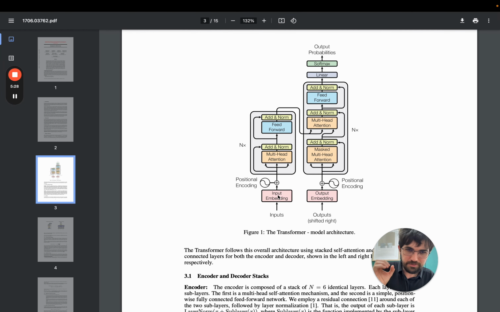For example, from this input embedding, after we pass through these layers, we have an embedding that has more information about the context of the sentence. While here we have information for each separate word, all of those words combined in a sentence create this new embedding. And here the same thing.